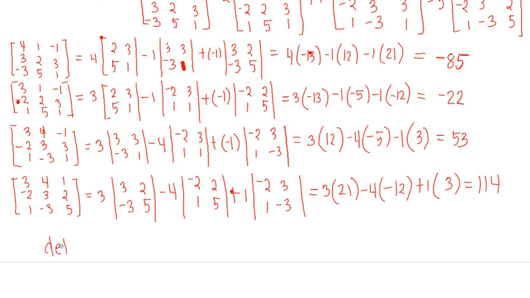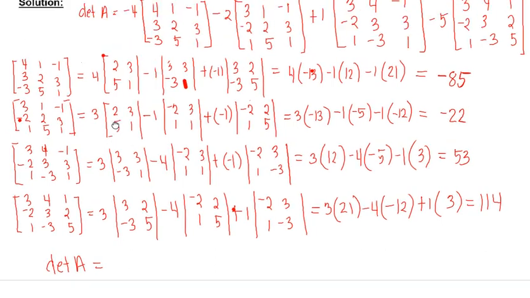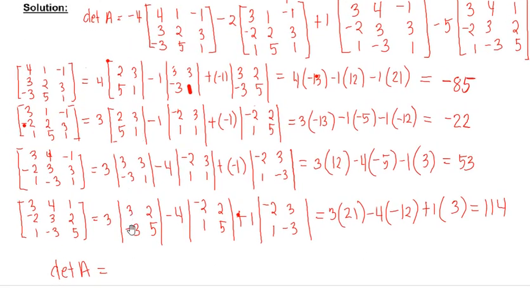So we have determinant of A is equal to our value here, that is negative 4 times the value here, which is 85. So we have negative 4 times negative 85.